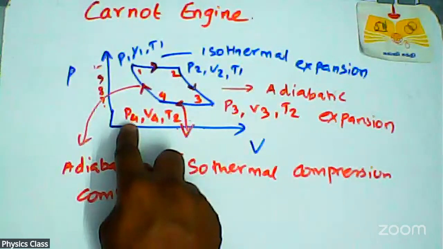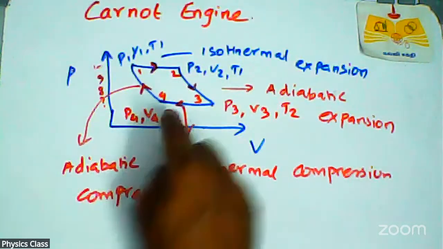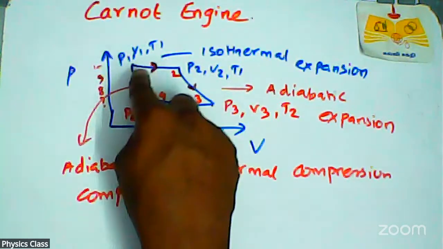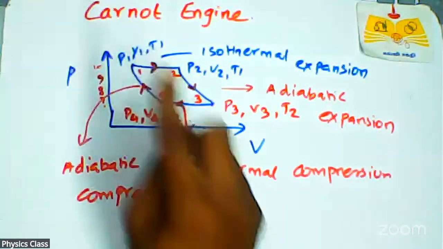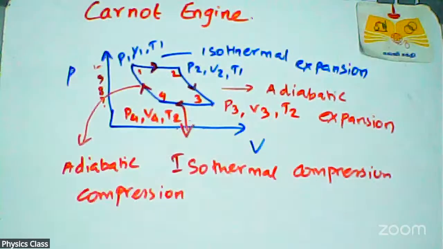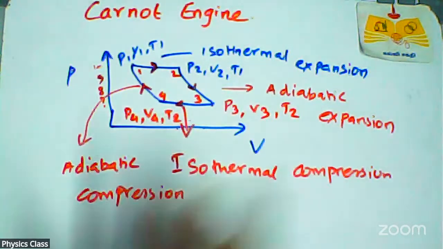So pressure and volume change, and the temperature T2 is converted into the high temperature T1. Volume V4 is converted into the initial V1, and the pressure into P1. So this is the Carnot cycle.